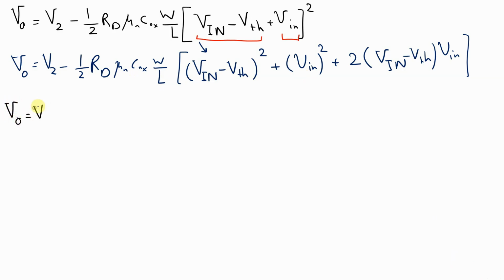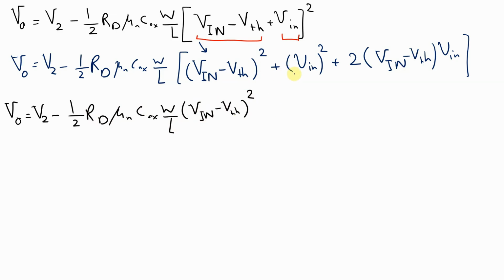VO equals V2 minus 1 divided by 2 RD mu n C oxide W over L times this term here, V in minus V threshold to the power of 2.